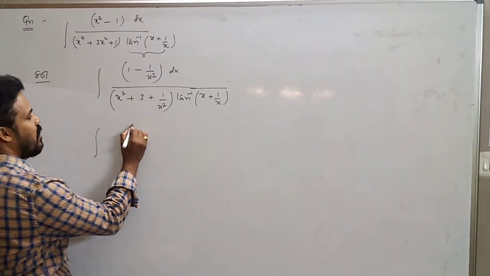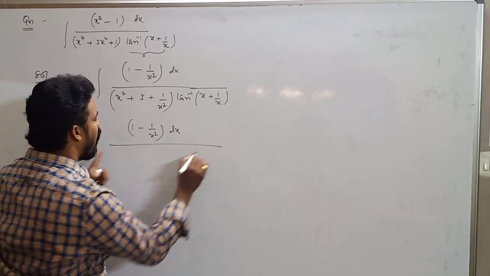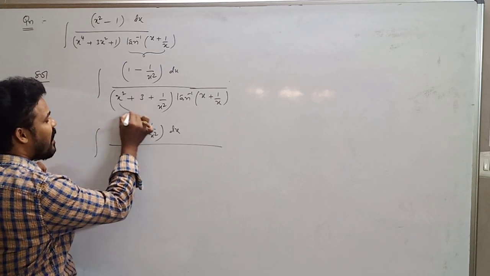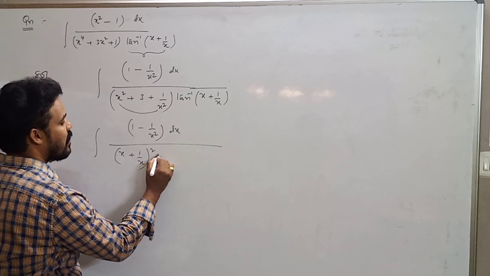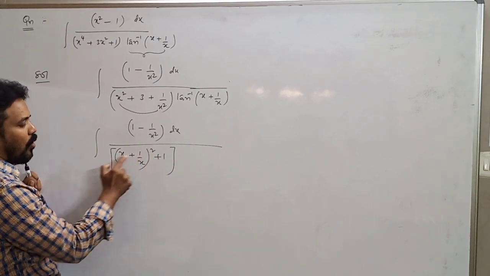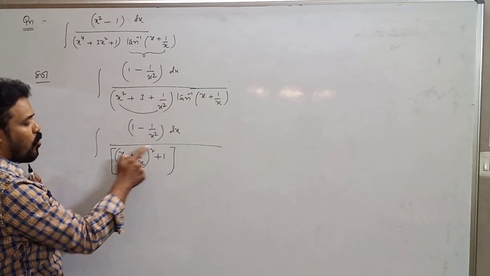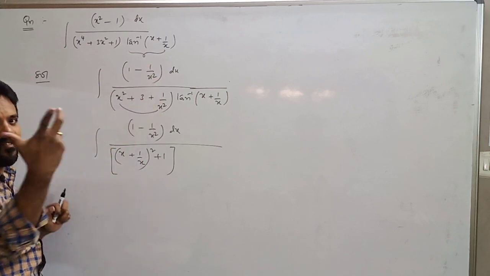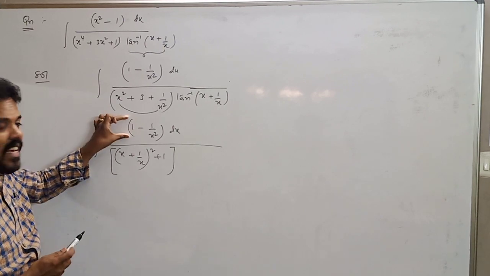Now, my dear students, since we got 1 minus 1 by x square in the numerator, you should get an idea. You write it like this: x plus 1 by x whole square plus 1. See, a plus b whole square: a square is x square, b square is 1 by x square, 2ab is 2 times x times 1 by x, cancel, 2, plus 1 gives 3. Finished.